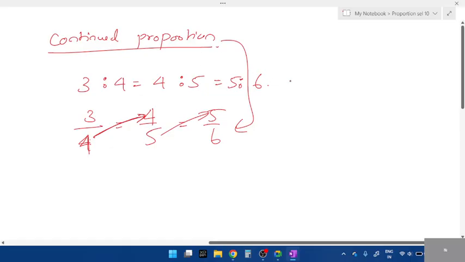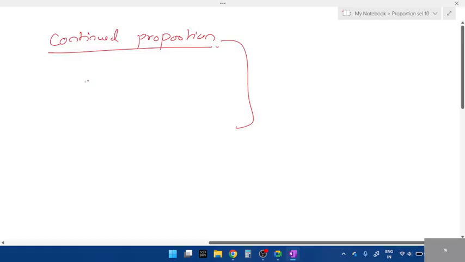So make a note of continuous proportion. Don't write numbers, I'll give alphabets. This is known as continuous proportion.